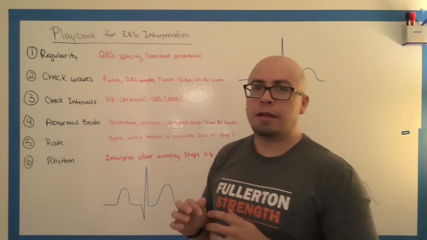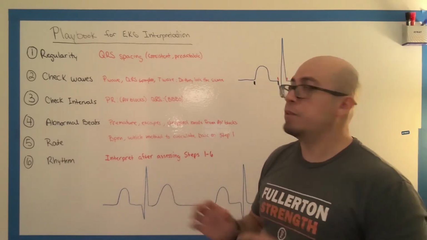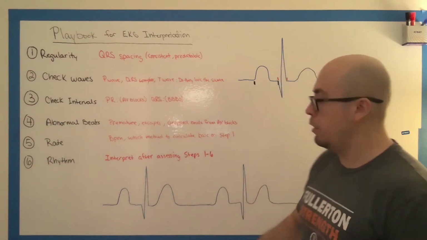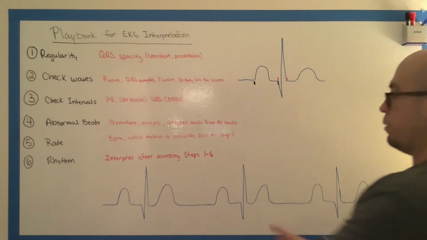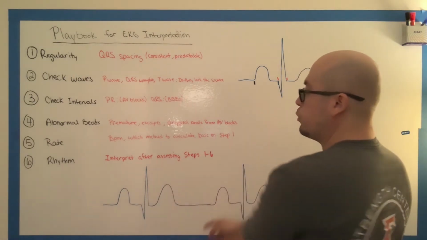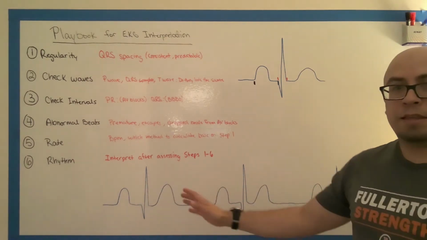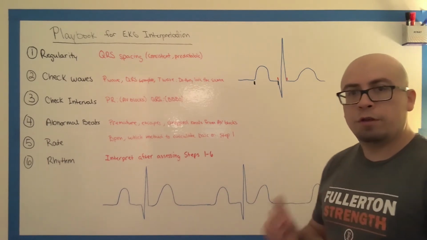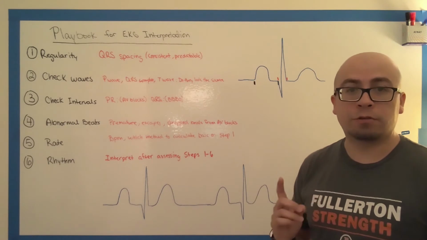The way we're going to do that is we're going to measure and interpret based on the spacing between similar looking QRS complexes. If you look down here, what we're really trying to do is measure the distance between QRS to QRS. If that is consistent all the way across your EKG, we know that the stimulus is arising from one single cell.